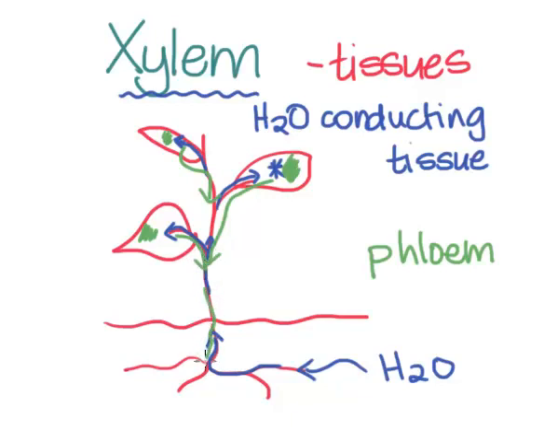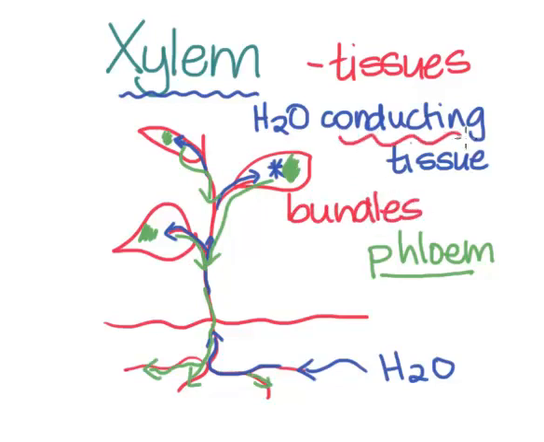And the food is transported in the opposite direction to the water. The food is transported down the plant in phloem. And so the xylem and the phloem are found together, usually, as I said, in bundles of conducting tissue. We find phloem and xylem packed together. But today we're focusing on xylem.